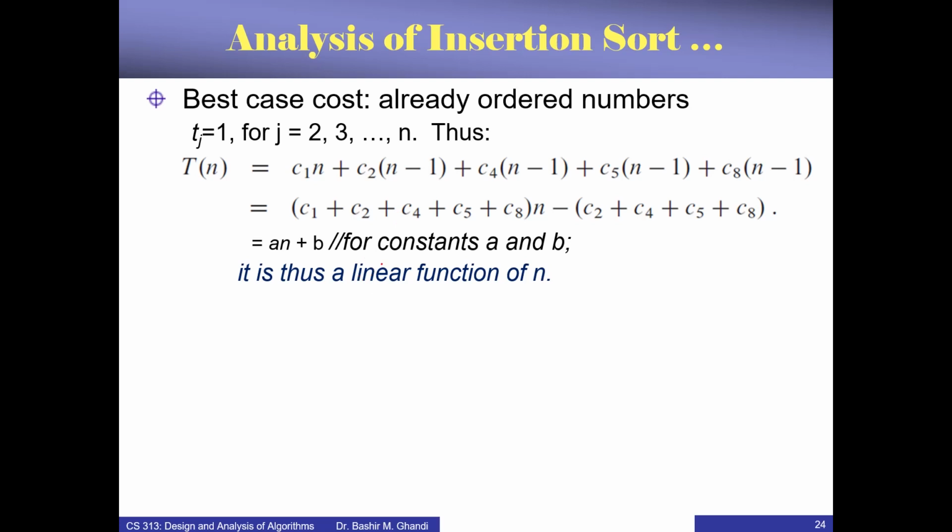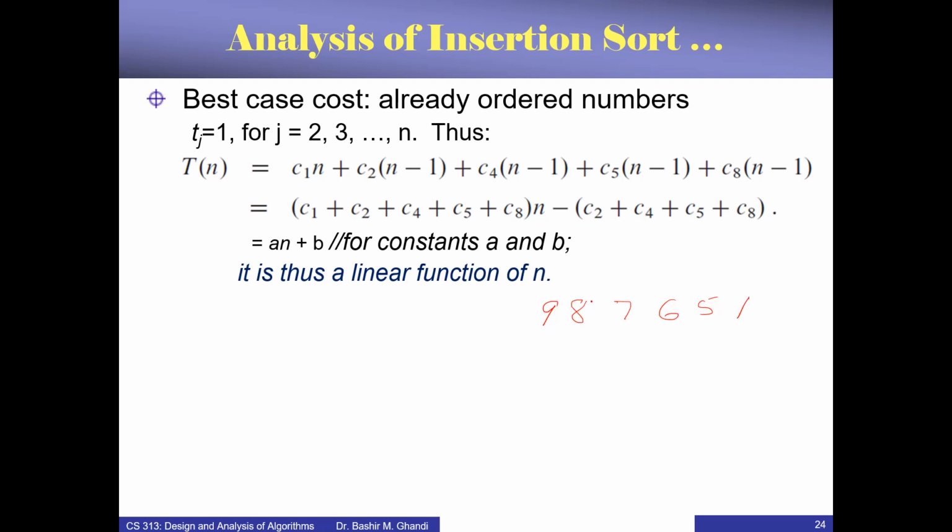The worst case scenario, on the other hand, is if you are unlucky, the elements in the array are sorted but in reverse order. So the biggest element appears first, then the next biggest element, let's say 9, 8, 7, 6, 5, like that.